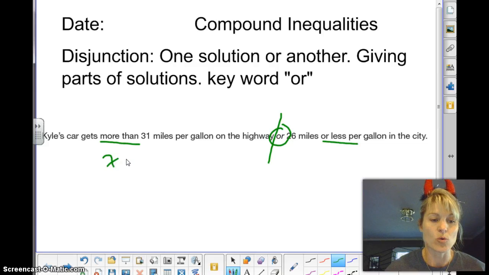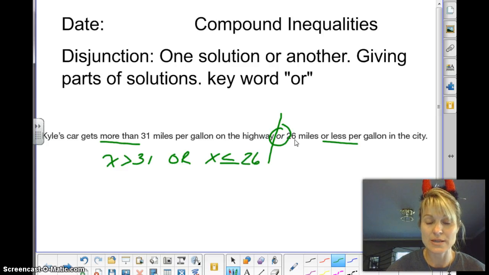He gets more than 31, so I know that's greater than, not equal to, because I don't include the 31. And then we say "or," so we actually put the word or here. 26 miles or less per gallon, so x is less than or equal to 26, because it's 26 or below. And this one's so much easier than the conjunctions.